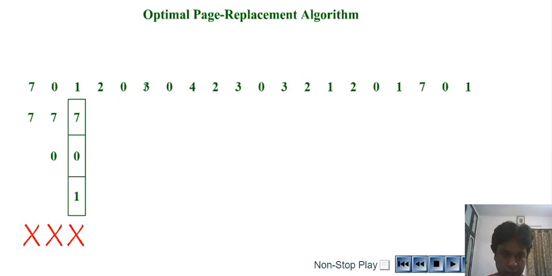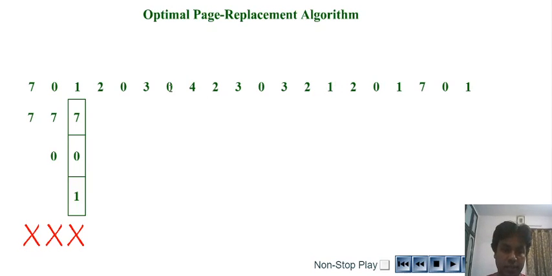So from 0 is not an option. Should I replace 7 or should I replace 1? Now, out of 7 and 1, you can see I might be requiring 1 sooner as compared to 7, from the requests that have been generated by the CPU. So it will be a good option to swap out 7 instead of 1, because the demand for 7 is going to be very late as compared to the demand for 1.